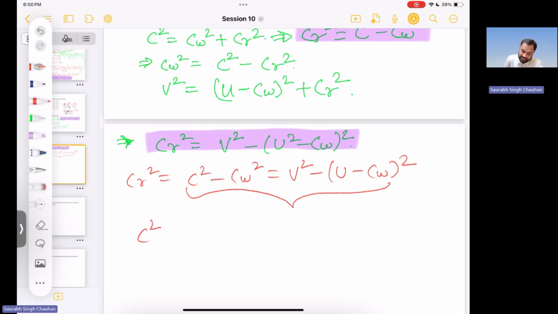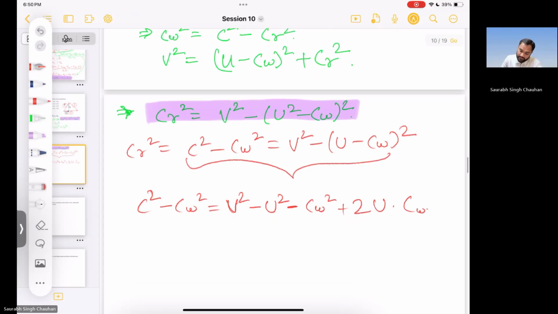So let us expand this. C square minus CW square is equal to V square minus U square minus CW square plus 2U into CW. Yes, these CW square terms cancel out on both sides.